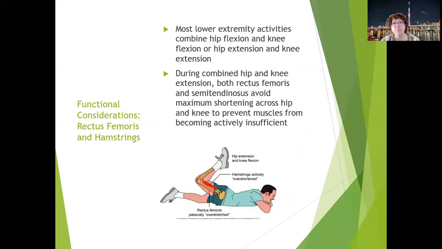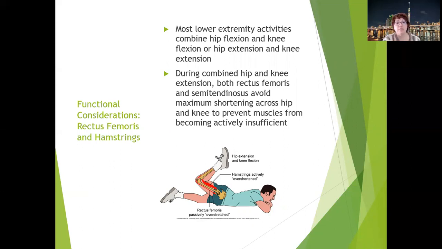So most lower extremity activities combine hip flexion and knee flexion, or hip extension and knee extension. And a lot of times they're in opposition. So we're doing things that have hip flexion and knee extension. With combined hip and knee extension, both the rectus femoris and the semitendinosus avoid maximum shortening across the hip to prevent the muscles from becoming actively insufficient.